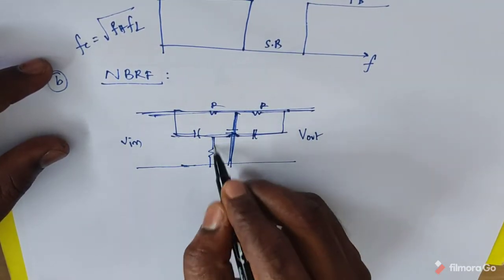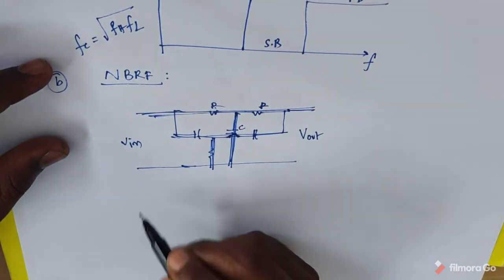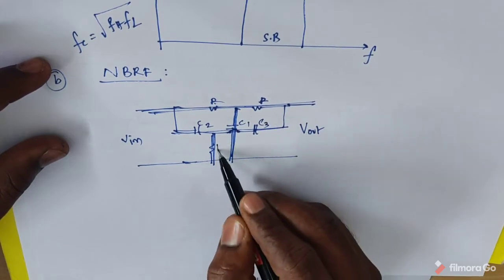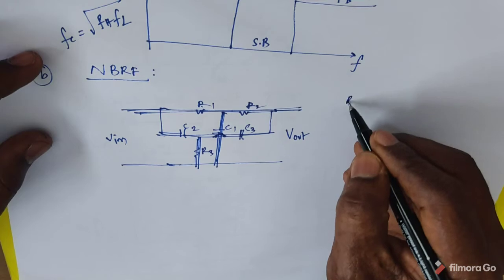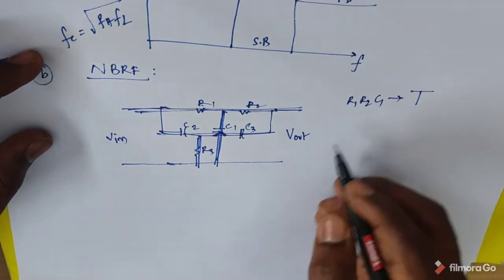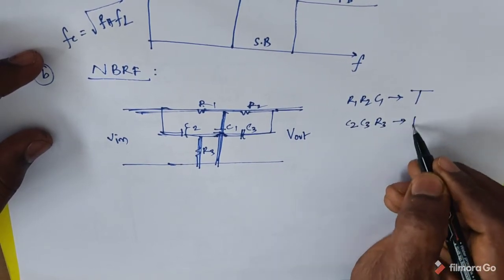This is another T shape. Here resistor and capacitor. Here capacitor 1, capacitor 2, capacitor 3, and this is R1, R2, R3 value. R1, R2, C1 value is one type of T shape. C2, C3 and R3 is another type of T shape.